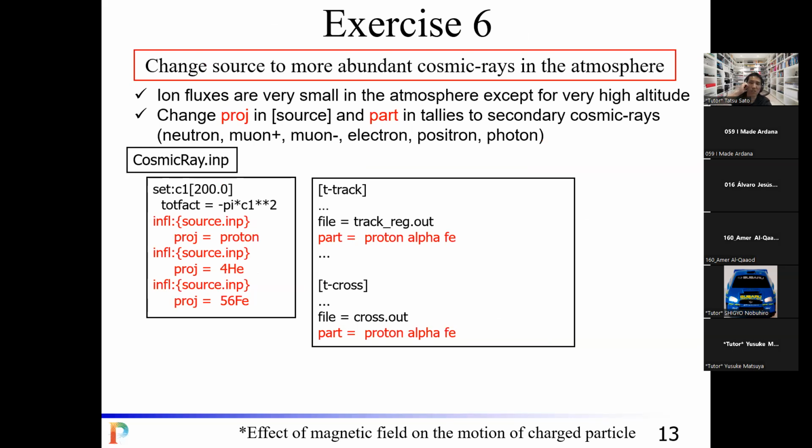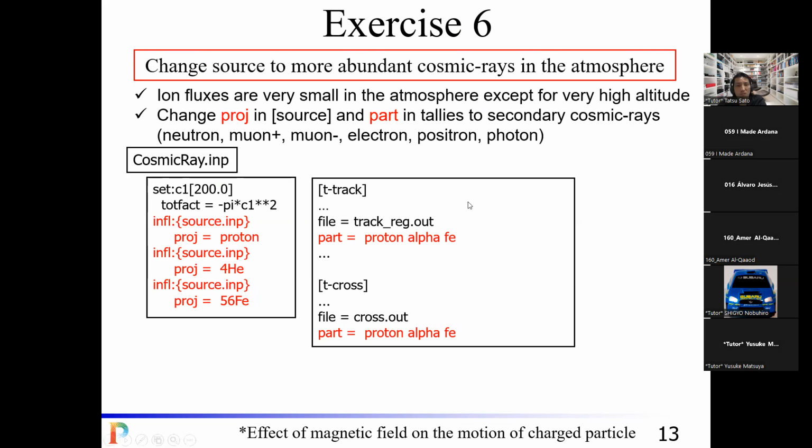So let's move to the next exercise. Change the source to the more abundant cosmic rays in the atmosphere. Ion fluxes are very small in the atmosphere, except at very high altitude. So change the project parameter in source and the part in tallies to secondary cosmic rays: neutron, muon plus and minus, electron, positron, and photons.